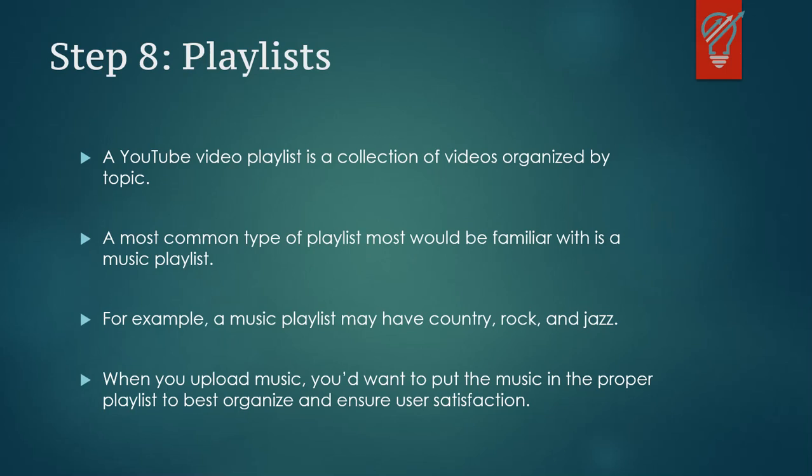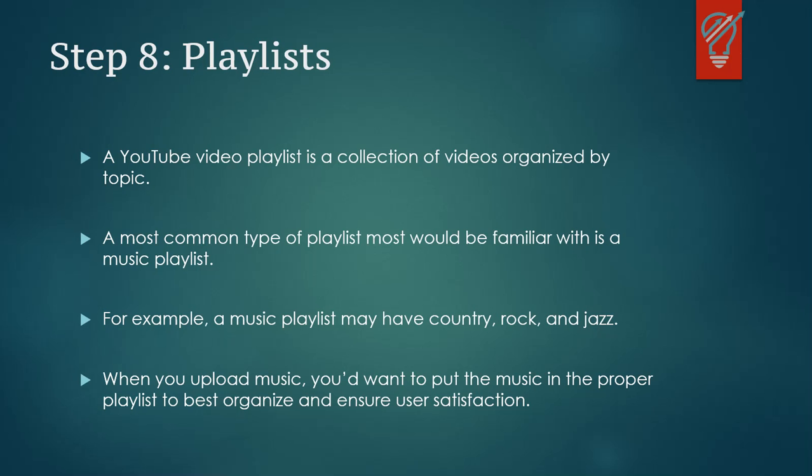Now you can create an optimized playlist as well. So I want you to think of a playlist on YouTube as like music. Let's say you have music videos that you like in all different types of genres. What you'd want to do for a playlist is have everything sorted and categorized by country music, or by rock music, and then by jazz music, or whatever else you want to do.